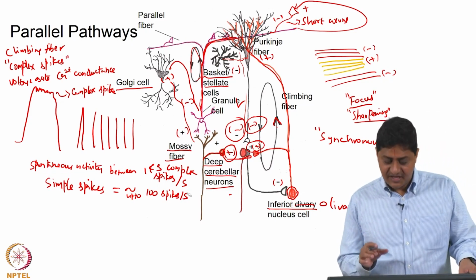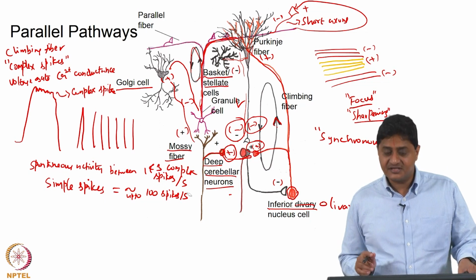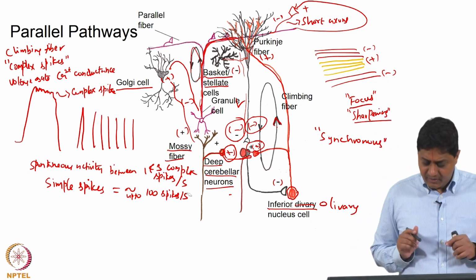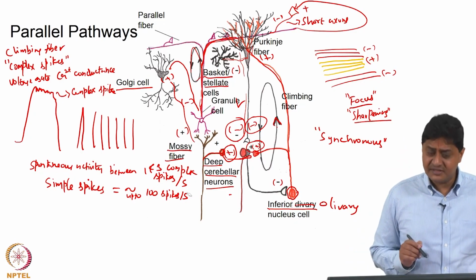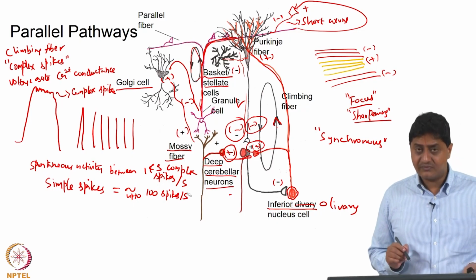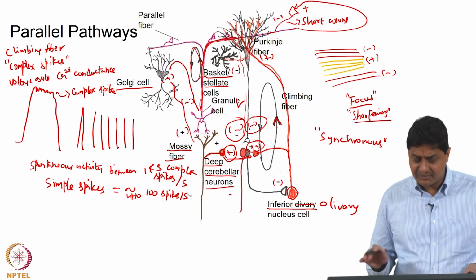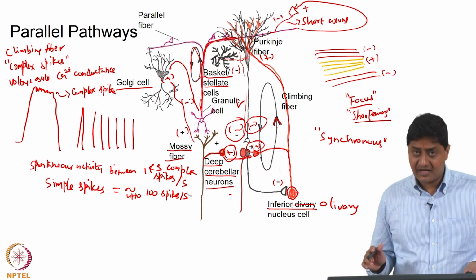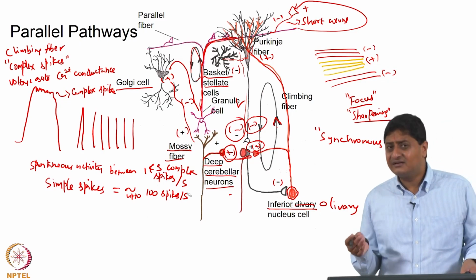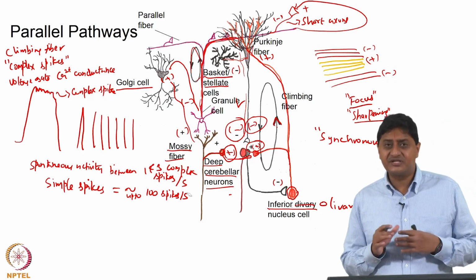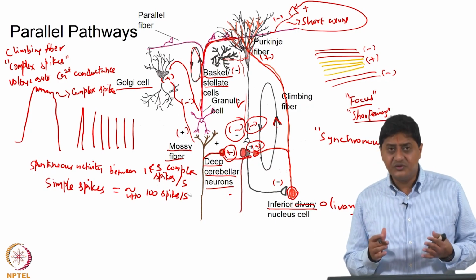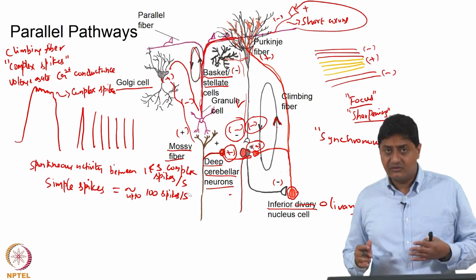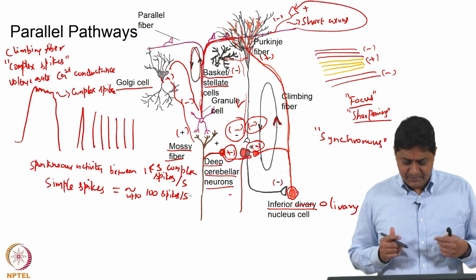The results of this action on the Purkinje cells are fundamentally different, because one is causing a complex spike, a relatively large amplitude output followed by several smaller amplitude action potentials. It is not clear whether the smaller amplitude action potentials of the complex spike are actually used in communication down the Purkinje cells.